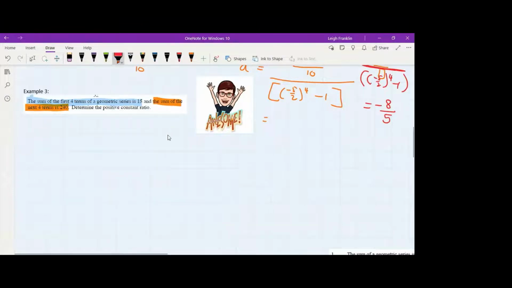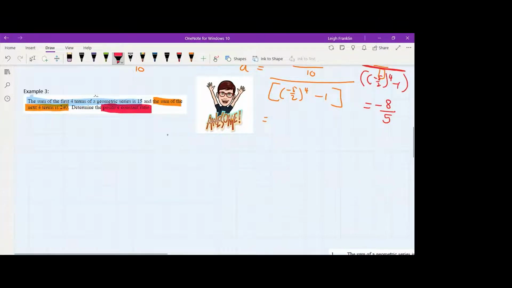The question asks us to determine the positive constant ratio. So they've told us the ratio has to be positive, so R has to be greater than 0, and that's what they want from us. They want us to solve for R.